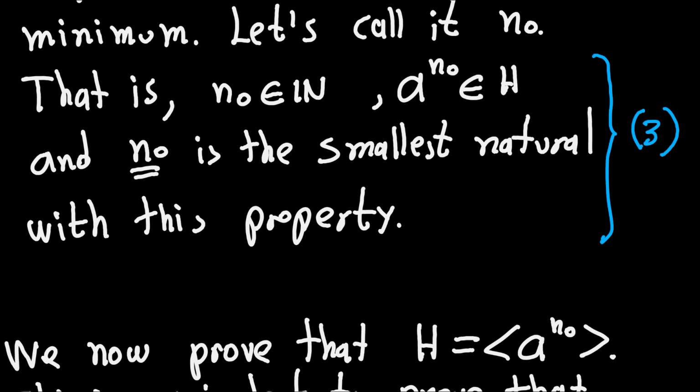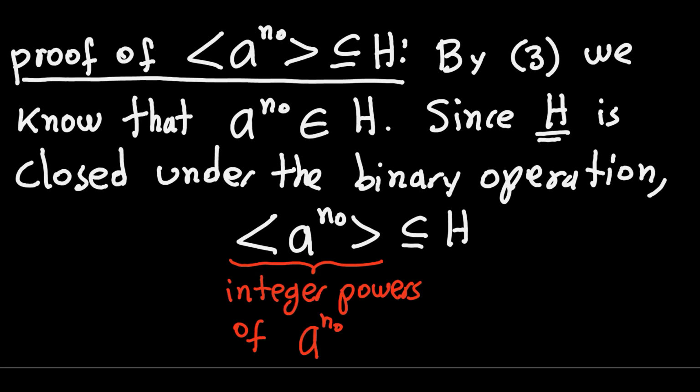In number 3, we have this: a to the n naught is in H. We know that. Now, H is closed under the binary operation, and the reason for that is because H is a subgroup. So that means any integer power that I take of a to the n naught will also be in H, because H is closed.